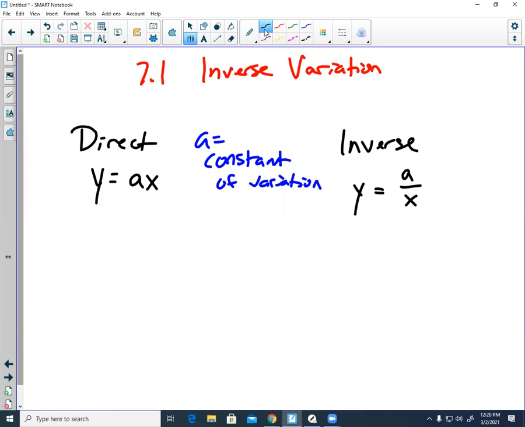Now, one thing I want you to think about with direct variation is that one variable directly influences the other variable, which means that as one variable goes up or increases, the other variable does too.